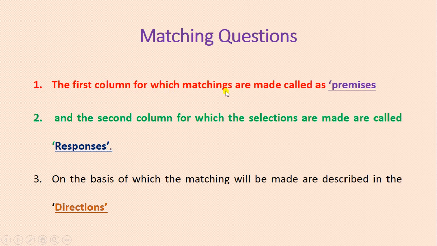The first column and the items included in it are called premises, and the items written in the second column, in which the selections are made, are responses. And there are directions. Directions are very important, and on the basis of the directions, matching will be made.